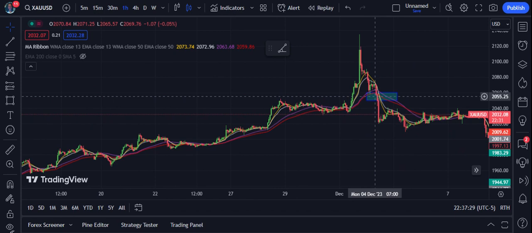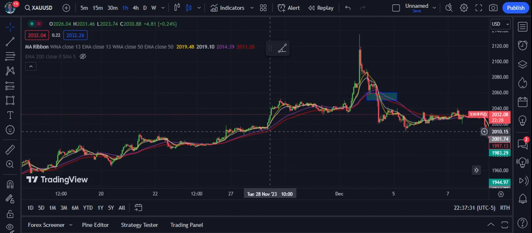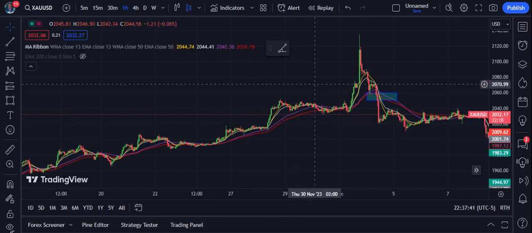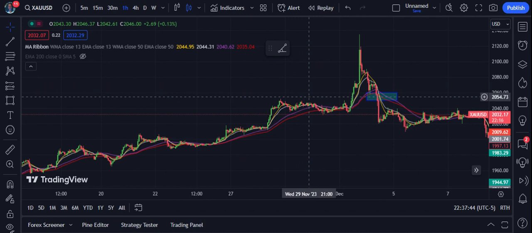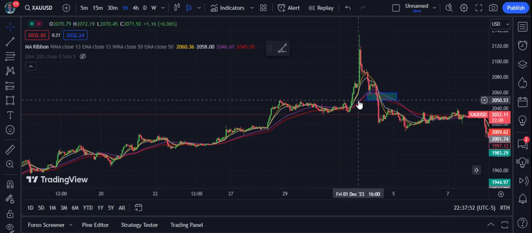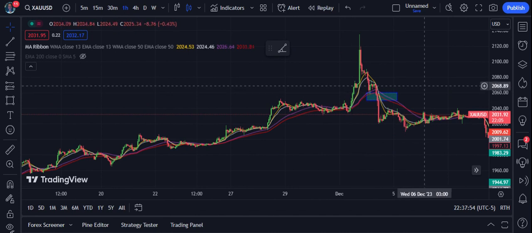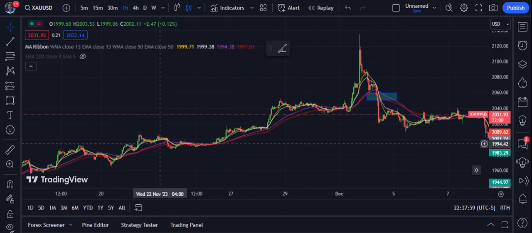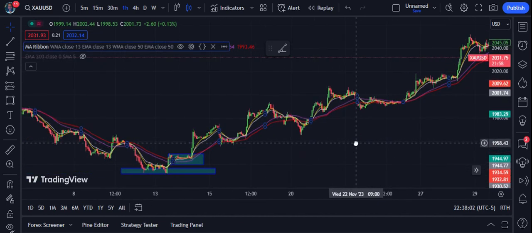So that's about a 1,100 pip move, which would be 110 points. From 1945 to 2054, that would be around 110 points going up, and the profit would be there because I would want to exit around here. And basically, y'all, that is my strategy that I currently use.